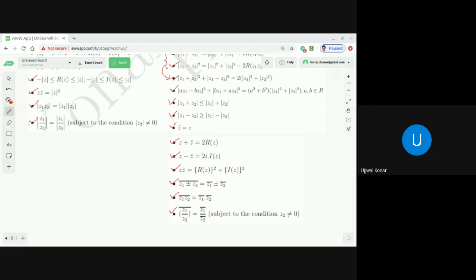So we are going to find the modulus and argument of this complex number.